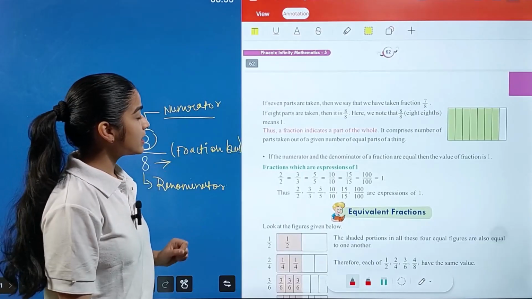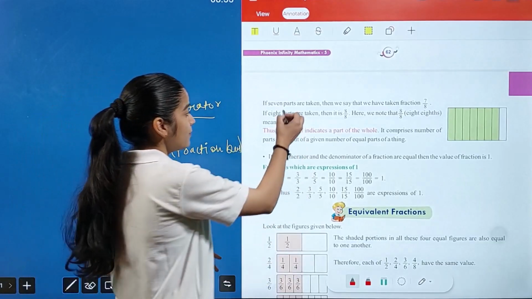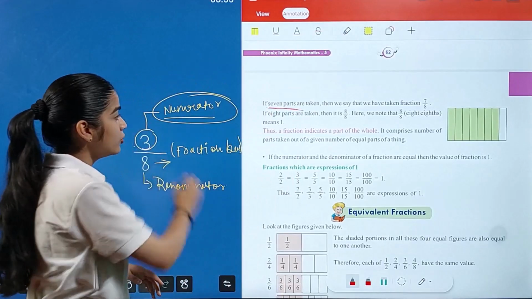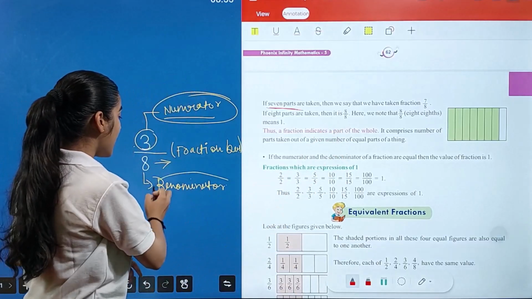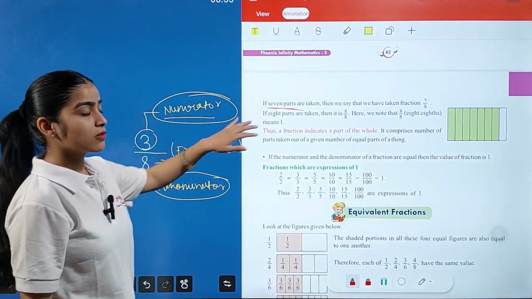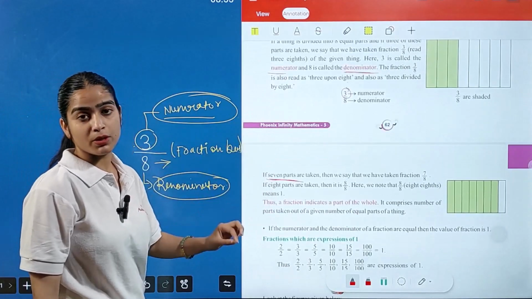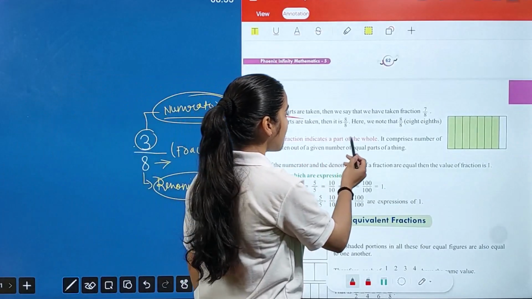If 7 parts are taken, then we say that we have taken 7 by 8. The taken part is always referred to as the numerator and the total parts, which is 8, is always represented as the denominator. So in both cases, the denominator remains the same, but the numerator changes. Thus, a fraction indicates a part of the whole.